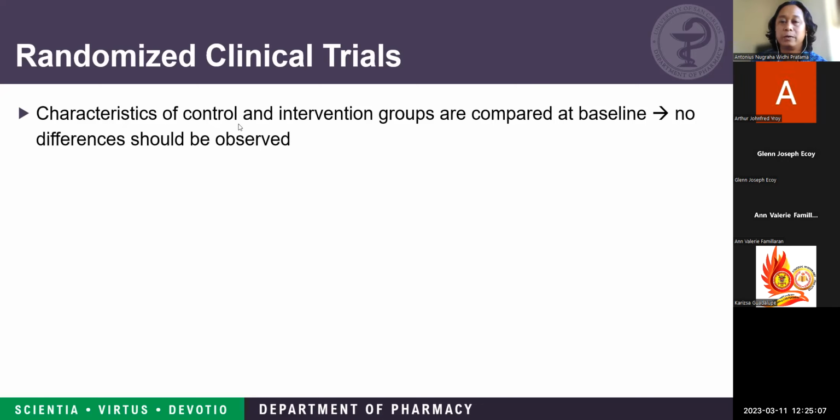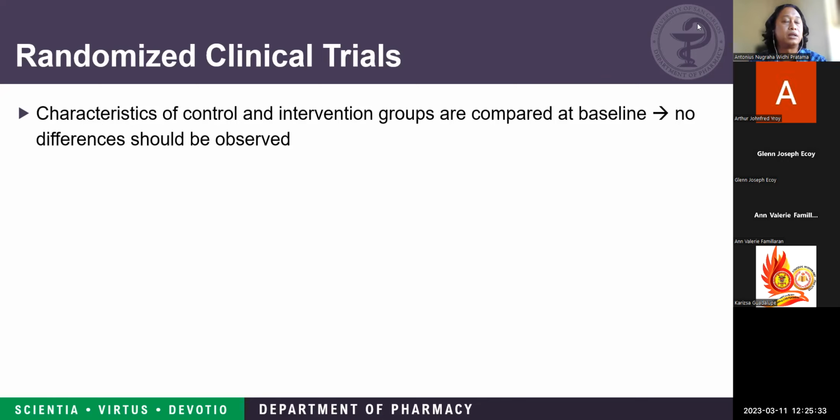we need to collect the basic characteristics of all participants, both in control and intervention groups. And then we compare. Statistically, we need to compare the characteristics between those two groups.